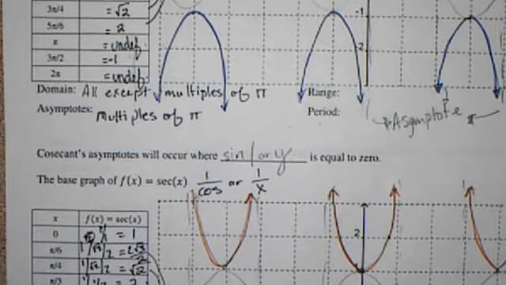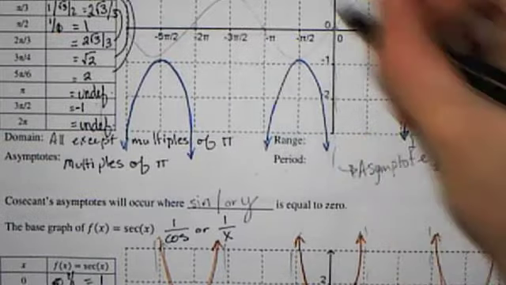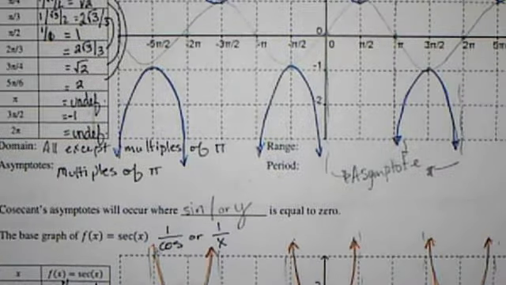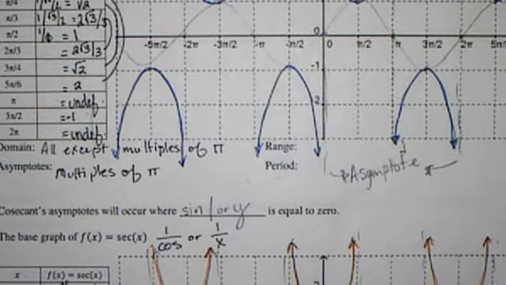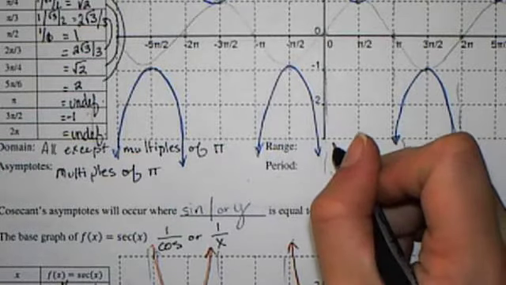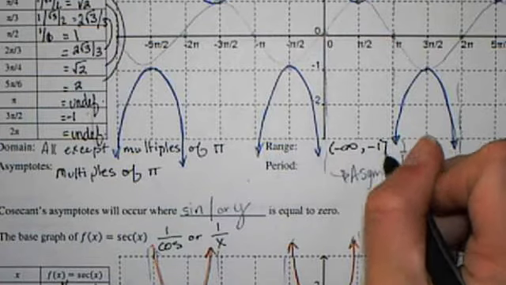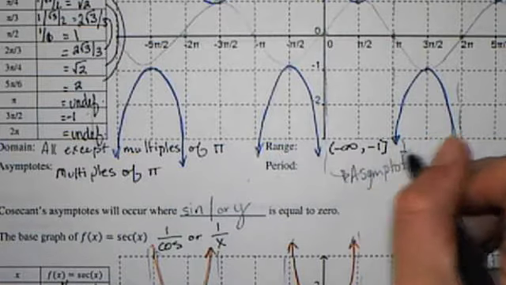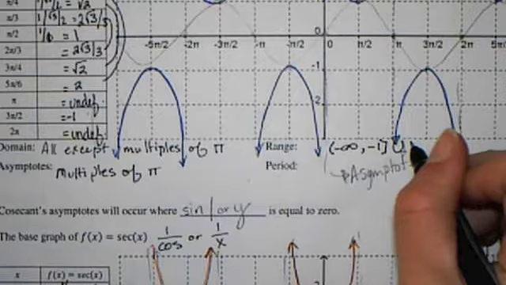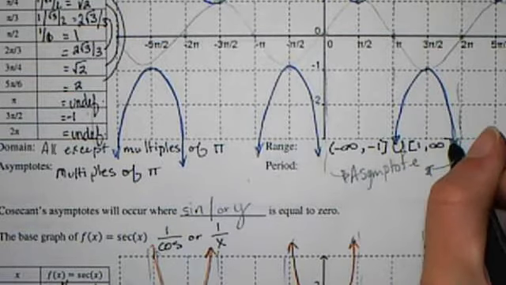The range, we notice there's actually a hole in here because the sine graph doesn't really appear in the cosecant graph, so we're going to say it's going to go from negative infinity to negative 1, and then we're going to close it, and it's going to go from positive 1 to positive infinity. So it's got 2 pieces to it.